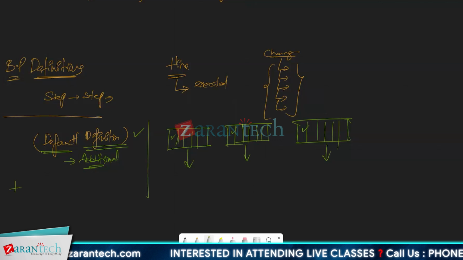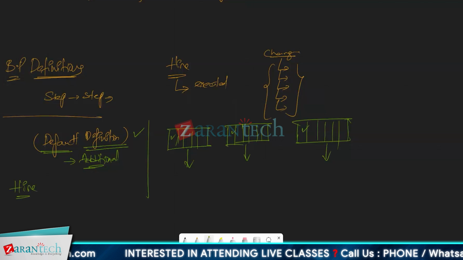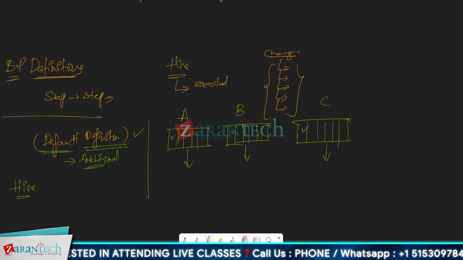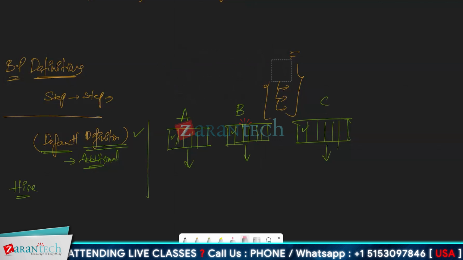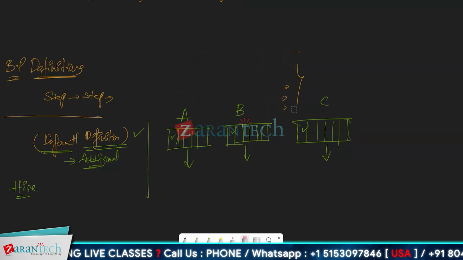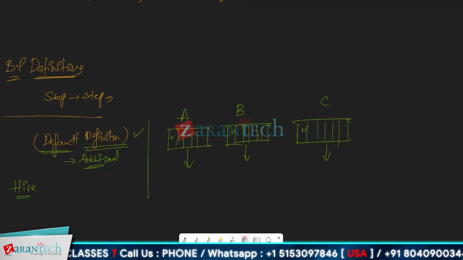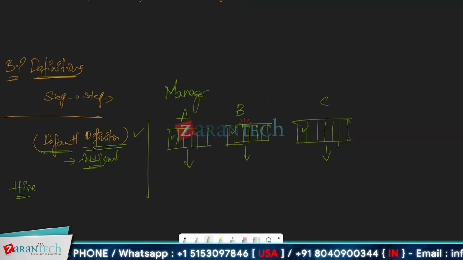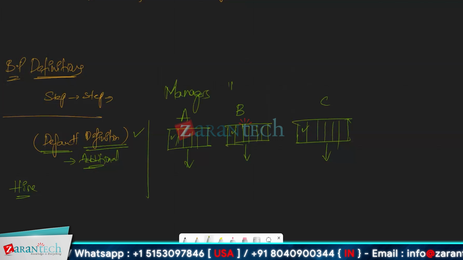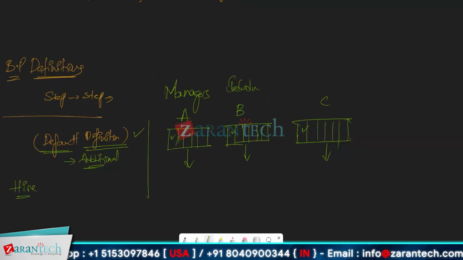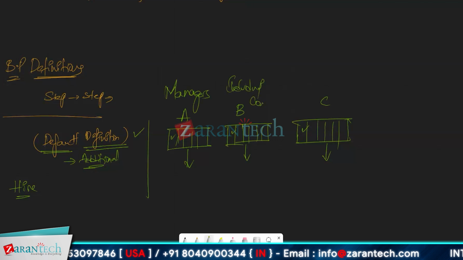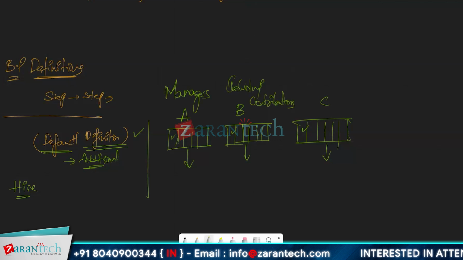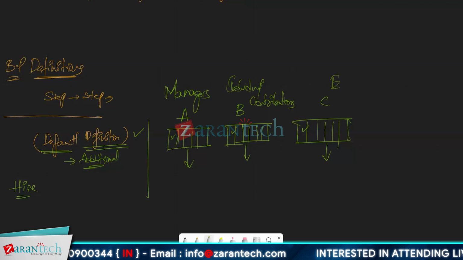So let's take the Hire business process, for example, and we call these group A, group B, group C. Or maybe for a bit more ease of understanding, group A is all managers, group B is all individual contributors, and group C is all executives.